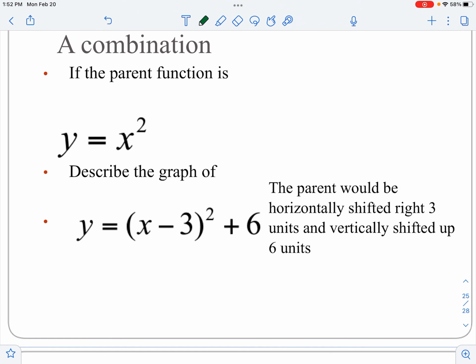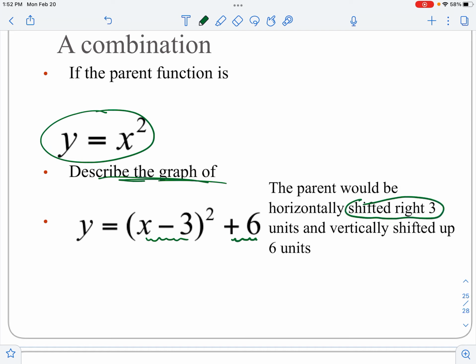Okay, let's go back and review some of this. So our parent function is y equals x squared. Then we're going to describe this graph for x minus 3 squared plus 6 on the outside. And we remember from the previous lesson that this minus 3 takes our graph and shifts it to the right because the inside lies to us. So this minus 3 is going to shift the graph to the right 3.